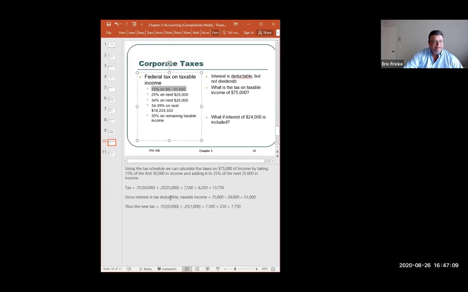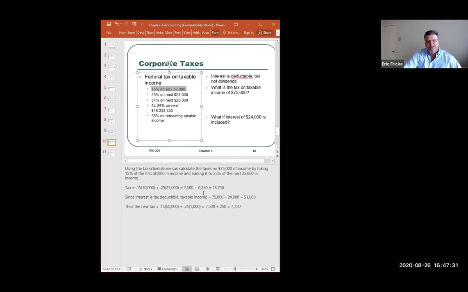Now, interest expense is tax deductible for companies, not for you and me, unless, I think, you're able to deduct some of your student loan expenses, and you're also able to deduct some of your mortgage interest expense. But for companies, any type of loan they can deduct.